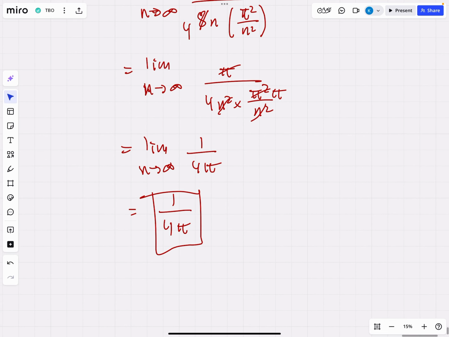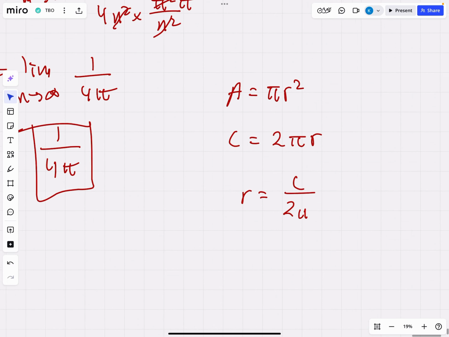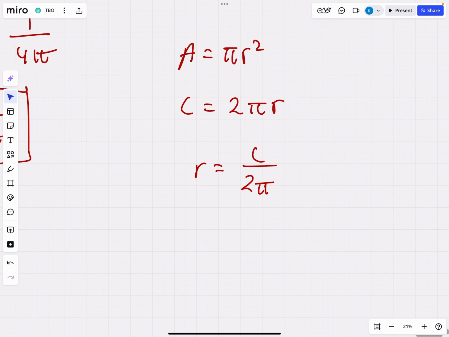Can we check our hypothesis? Well, what's the area of a circle? We know the area of a circle equals pi r squared. And we know that the circumference of a circle is equal to 2 pi r. So we know r is equal to c over 2 pi. Now, c is equal to 1.